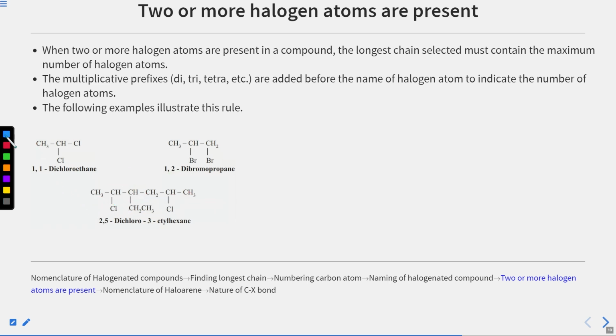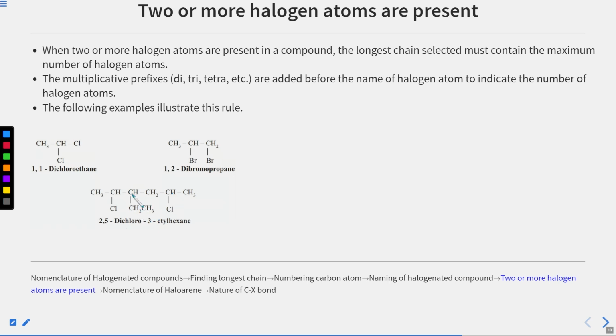So let us start our name. First we will put this dichloro. At 2 and 5 we have chlorine, therefore 2,5-dichloro. Now remember this thing: we have to put a hyphen if we have another prefix. Again, if we have another prefix, we have to put another hyphen. So the 2 hyphens are this and this.